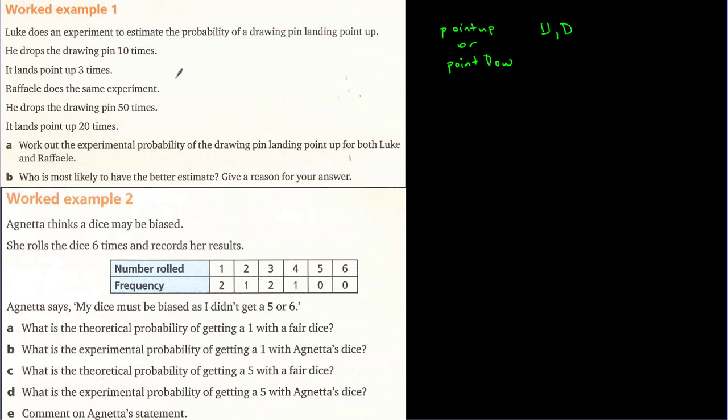But here they count, and Luke does this experiment and he got 3 times up out of 10 experiments or 10 trials. Rafael does the same experiment, dropping the pin 50 times, and it lands up 20 times.